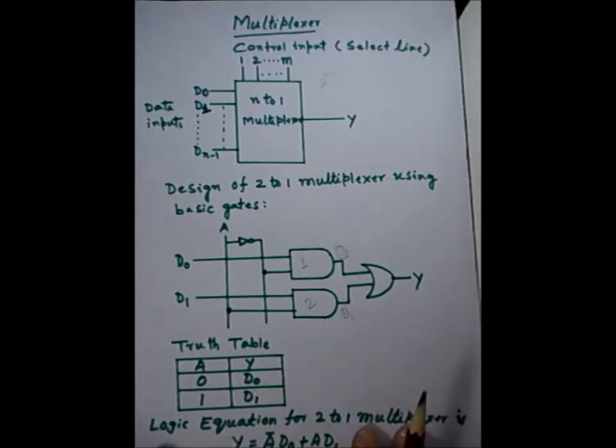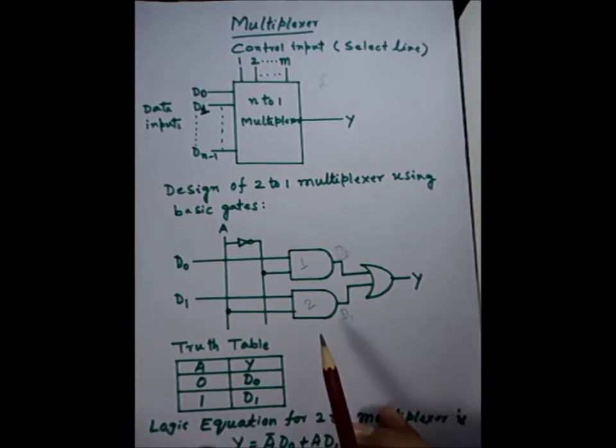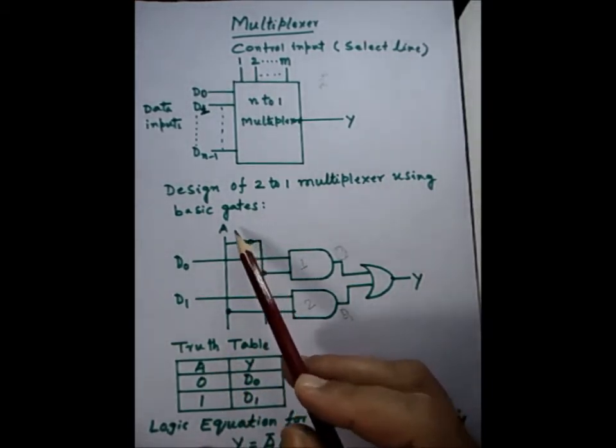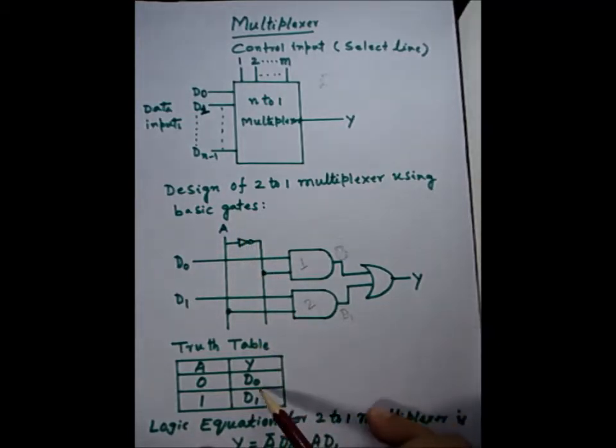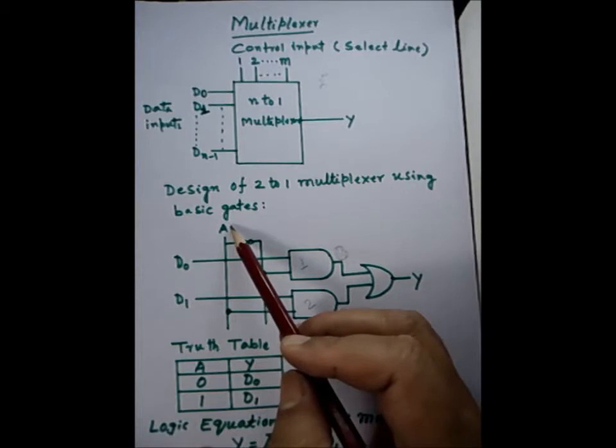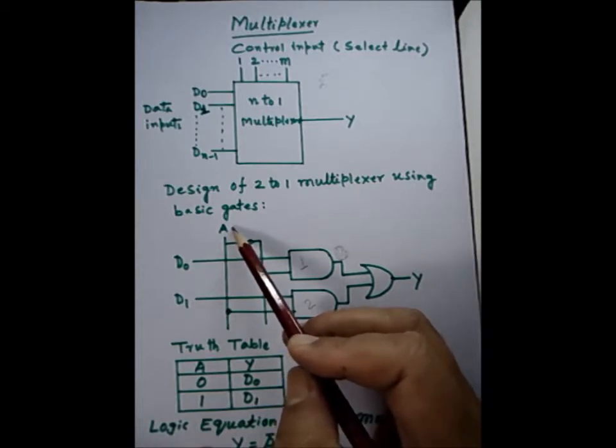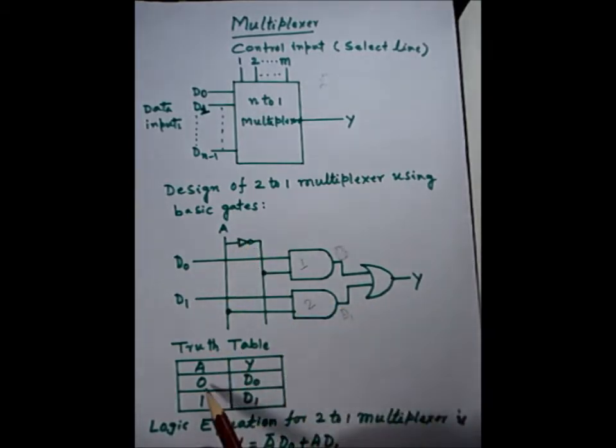Therefore, we can come to the truth table. You can see this is A and this is Y. The output depends completely on the value the control select line takes. When A equals 0, the output becomes D0, and when A equals 1, the output becomes D1.